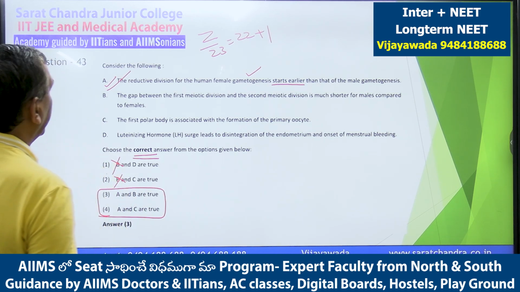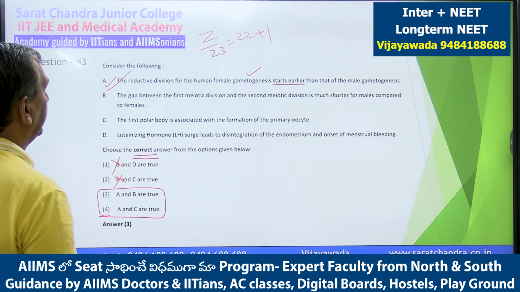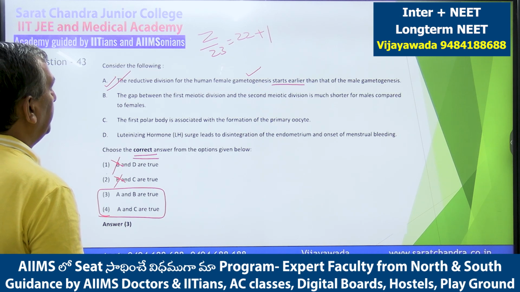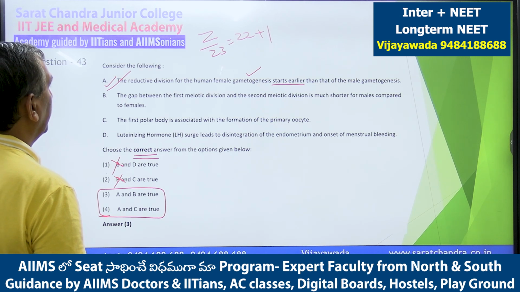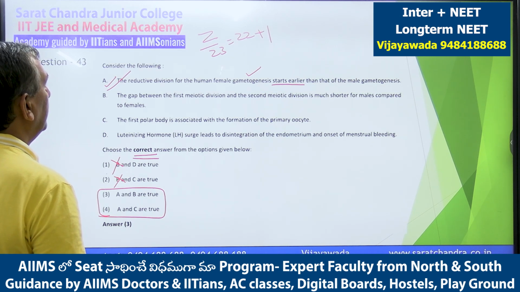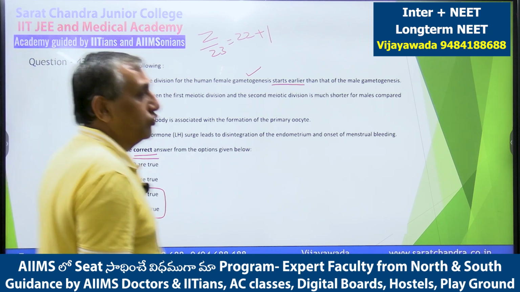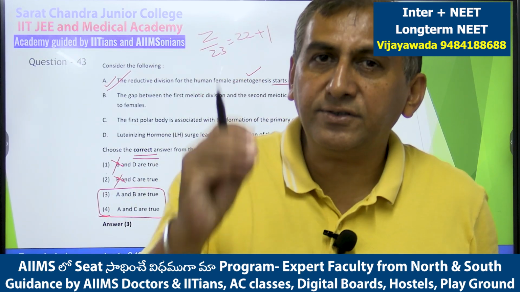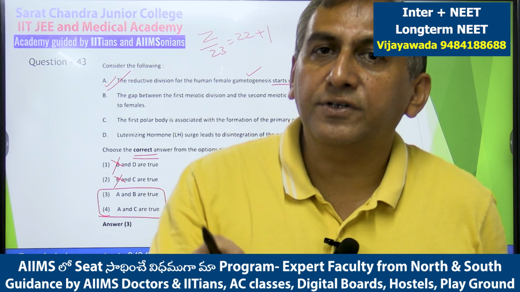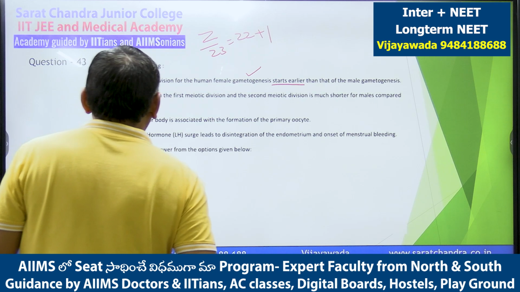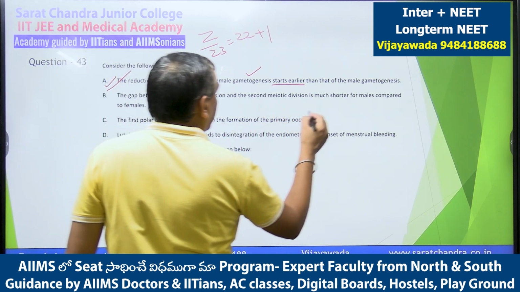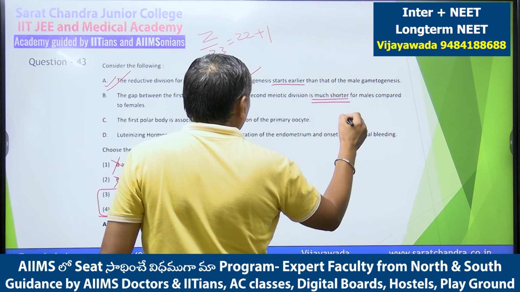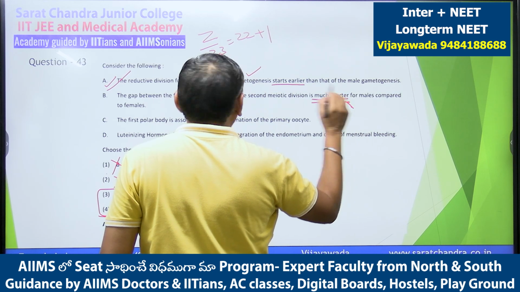The gap between the first meiotic division and the second meiotic division is much shorter for males compared to females. No, there is a huge gap in female. The second meiotic division takes place only after the entry of sperm into the ovum. So the gap is much shorter, yes, for the male.